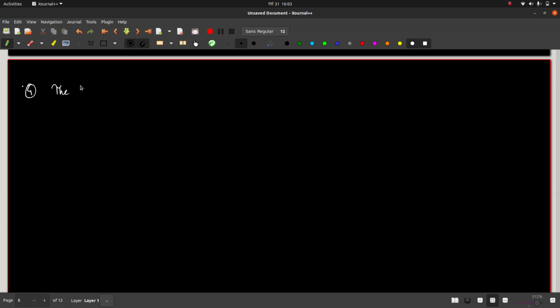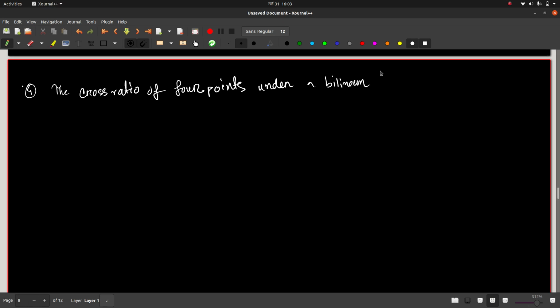So the cross ratio of 4 points under bilinear transformation is invariant. What it means is that this ratio given by, let me write down the formula first.